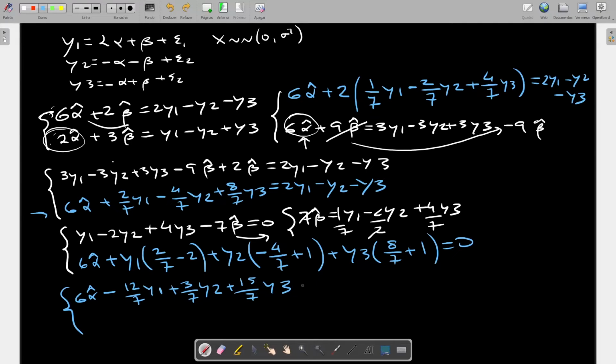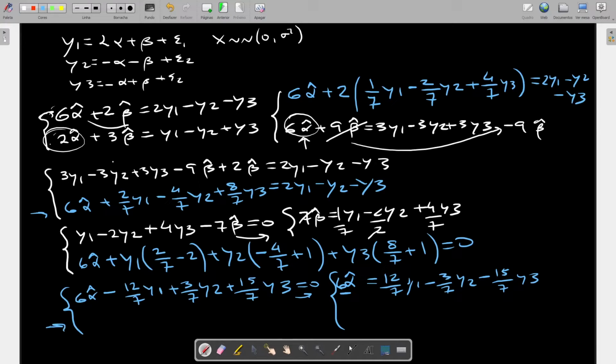So all these go to this side. So we need to change the values here. So we have alpha. Let's change the 6 for in a bit. It's equal to 12 over 7 y1 minus 3 divided by 7 y2 minus 15 divided by 7 y3. So we now have the 6 that you need to get rid of. So you need to divide both sides by 6, and you'll get the following expression.